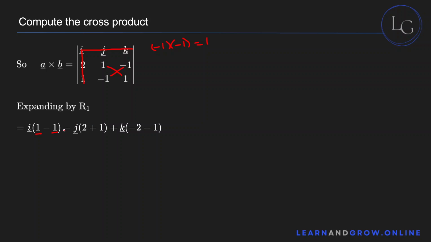Now let's see what you do in the case of j. Let's just erase this. The next step is to cut out the j column. The row of j is the first row and the column of j is the second column. Now what remains are this term, this term, this term, and this term.